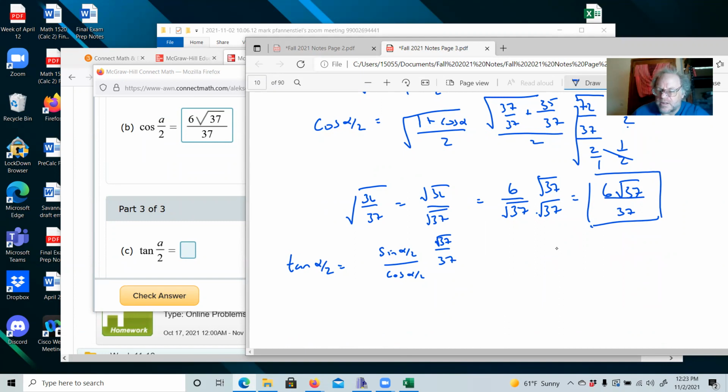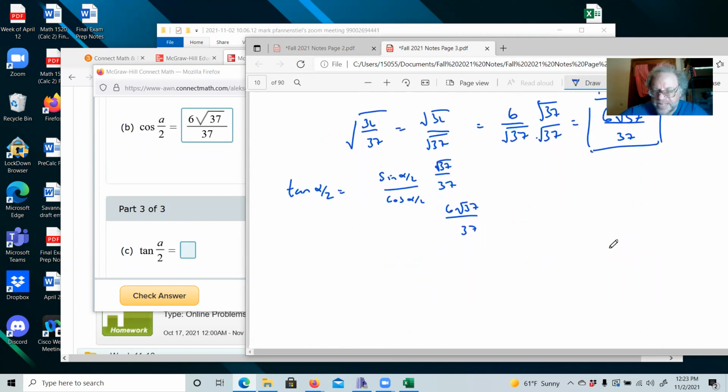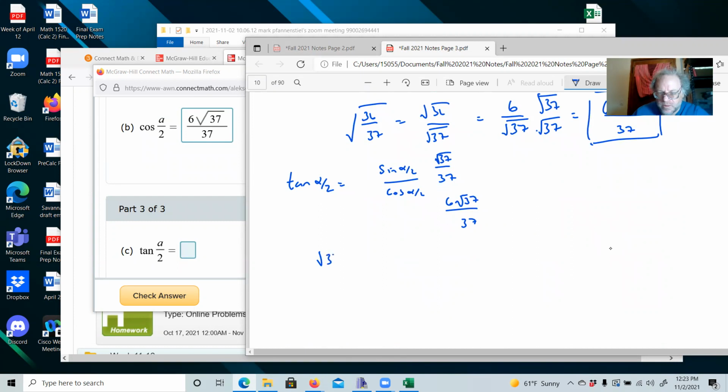And cosine is 6 root 37 over 37. Let's see what happens. So to get the tangent, we've got root 37 over 37 divided by 6 root 37 over 37. So this is root 37 over 37 times 37 over 6 root 37.